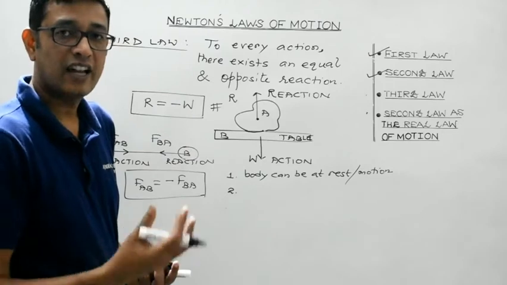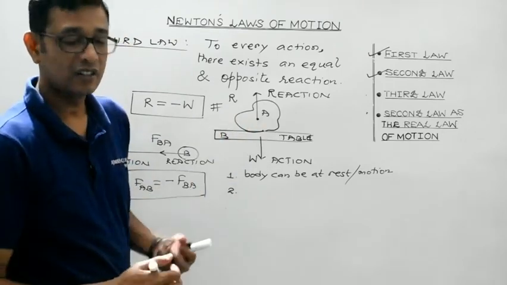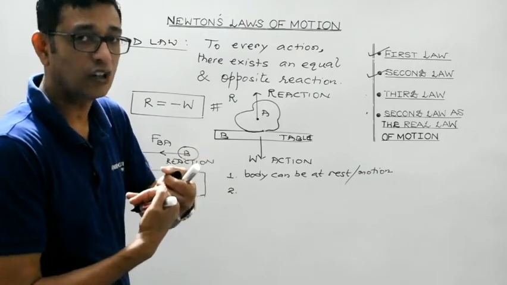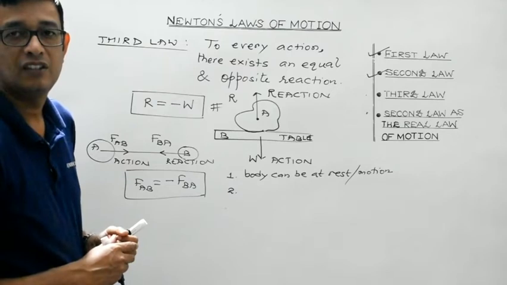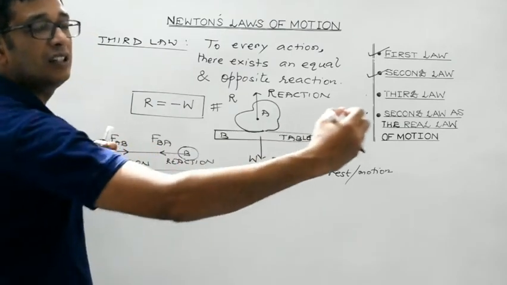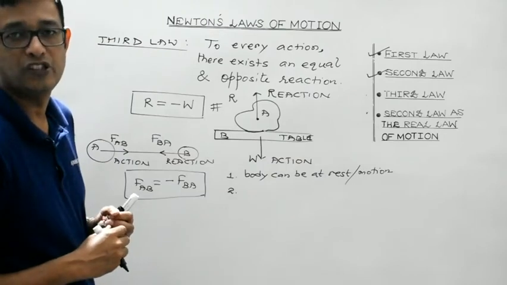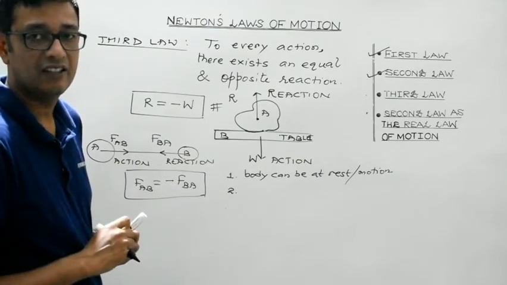Second, for action-reaction forces, the two bodies under consideration, they can be physically in contact with each other or they may be separated by some distance. So it is immaterial whether the bodies are in contact or they are at a finite separation from each other. In both the cases, action-reaction force can act, right?